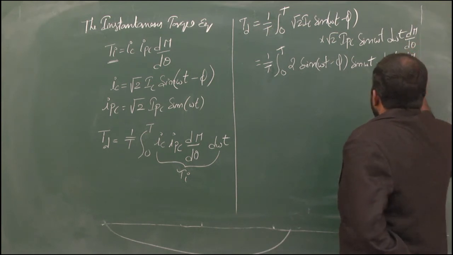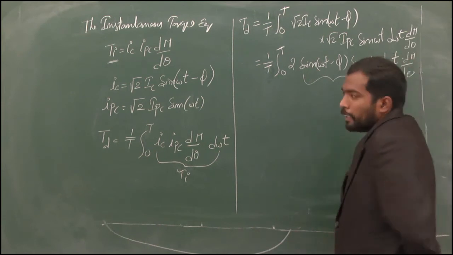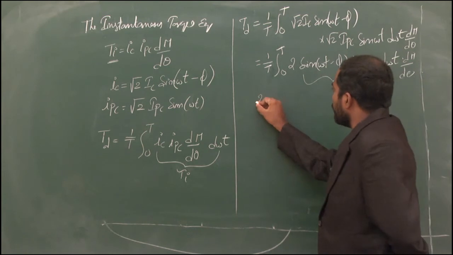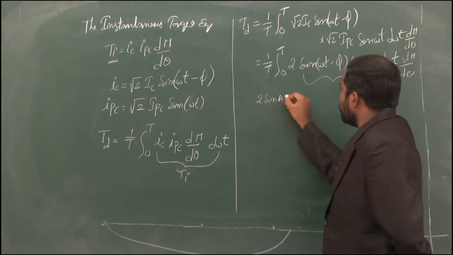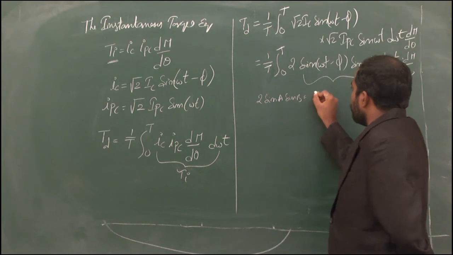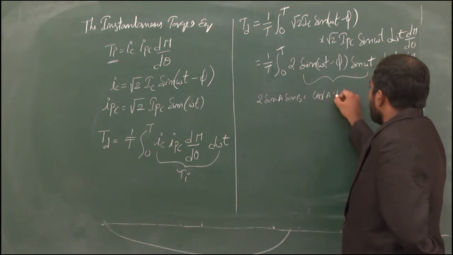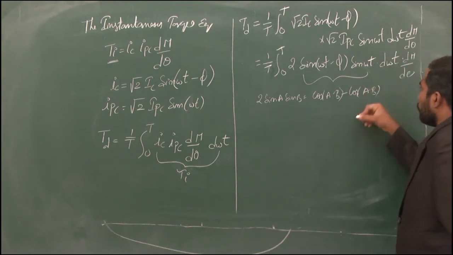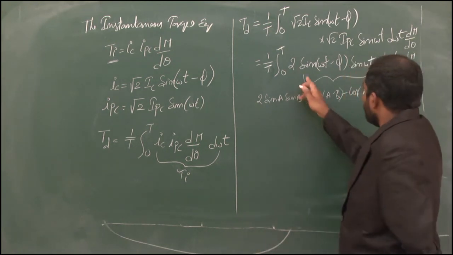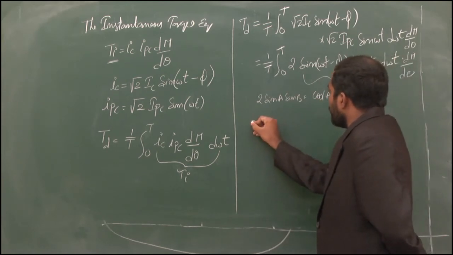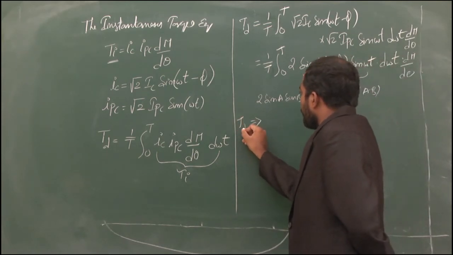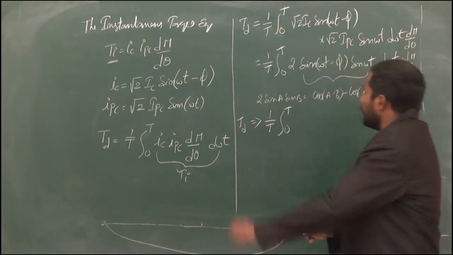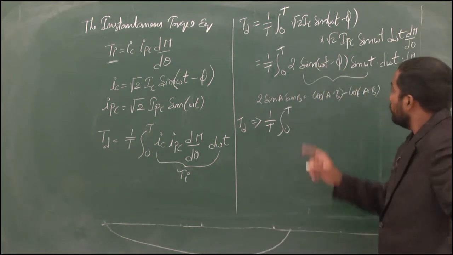Now it is in the form of 2 sin A sin B. As we all know, 2 sin A sin B is equal to cos A minus B minus cos A plus B. So this is the formula for 2 sin A sin B. When you simplify this expression, you will get net deflecting torque Td equal to 1 by T integral 0 to T of the 2 sin A sin B term.